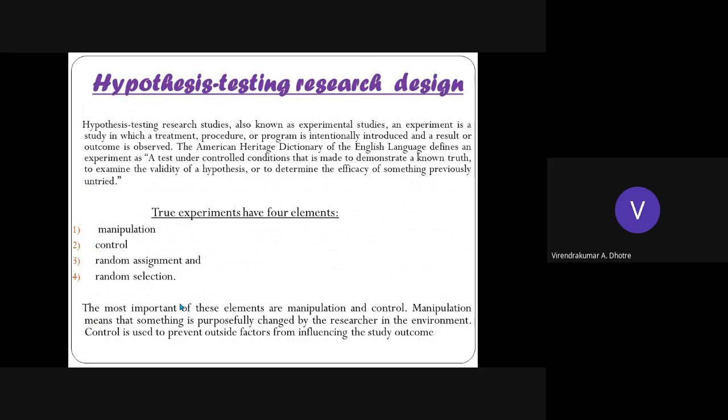An experiment is a study in which we can study the treatment, the procedure, or the program intentionally so that we can check the result or outcome, and we can observe the outcomes and results. So this is an experimental study or hypothesis testing study.